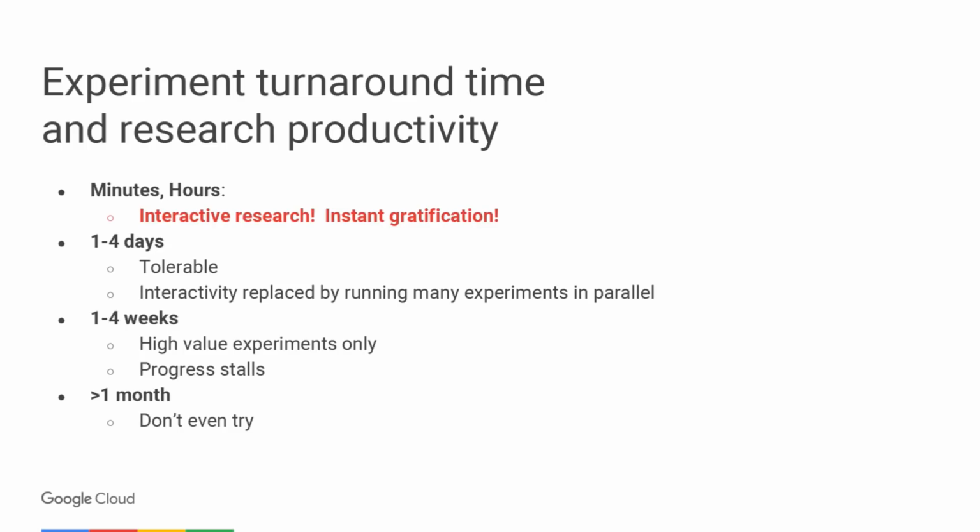What we're trying to do here in Google Cloud and with TensorFlow is to bring that turnaround time down to minutes, or at least hours, so you can have interactive research, instant gratification, and run more experiments and really explore this frontier. So the solution we're talking about today is machine learning hardware acceleration.